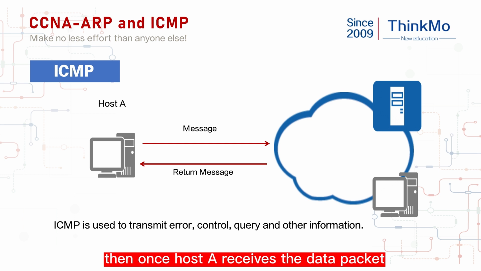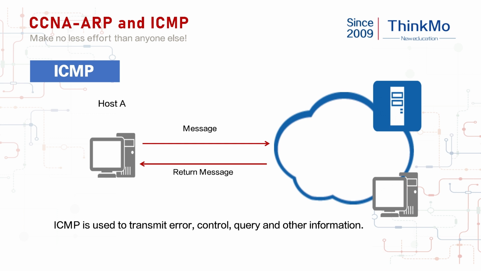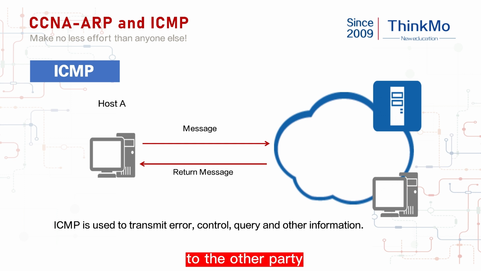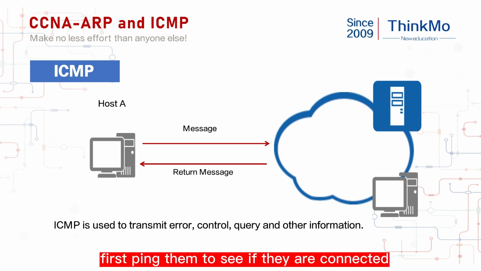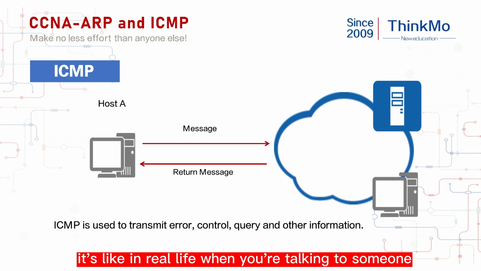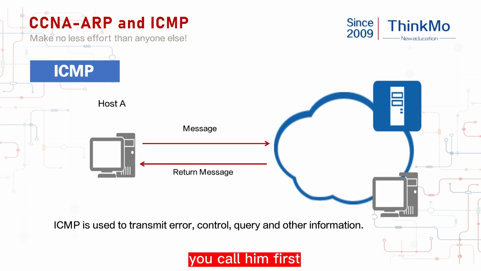Once host A receives the data packet from the other party, it knows that it is now connected to the peer. Before the host wants to send a message to the other party, it first pings them to see if they are connected. If it passes, it sends afterward. It's like in real life when you're talking to someone. You call him first. He answers. You continue the conversation.